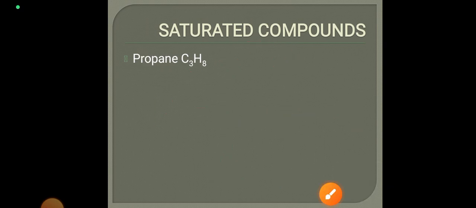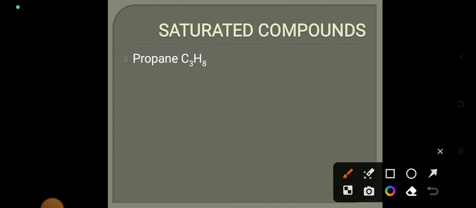Now let us go to the third member of the saturated compounds, that is propane. Let us look at the number of carbon atoms. It is C3, so first let me write down 3 carbon atoms. There are 8 hydrogens, but that doesn't matter for now. First we only have to focus on valency, so make sure there are 4 bonds around each carbon atom.